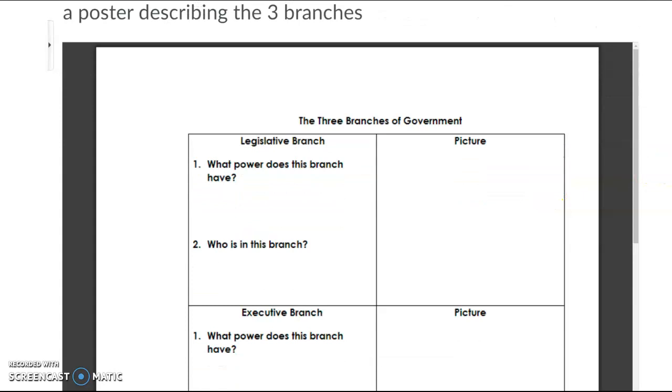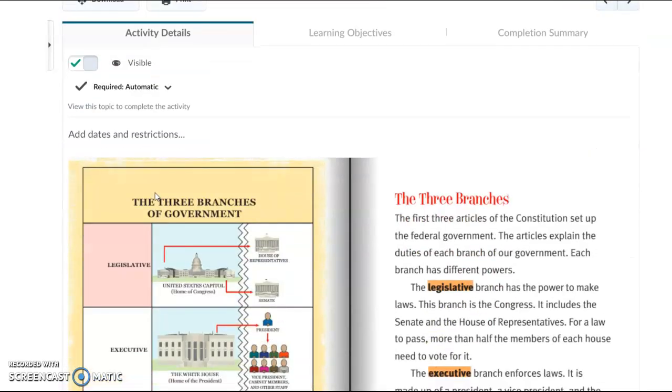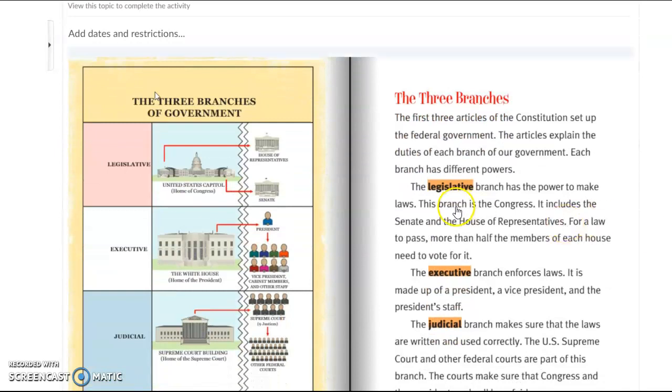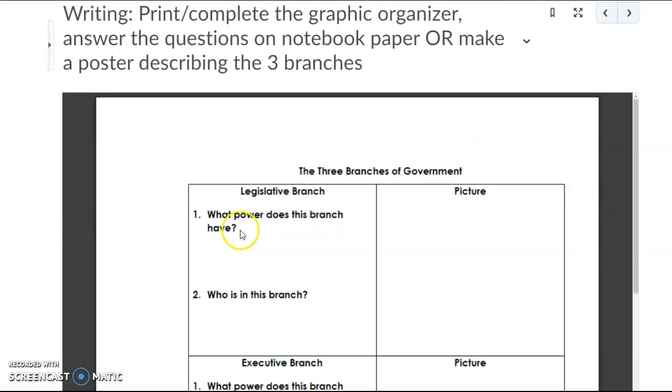I'm going to go back to my passage and look about the power that this branch has. The legislative branch has the power to, and then I'm going to go back and write it inside my graphic organizer or write it on my notebook paper. Okay, now let's see question number 2.